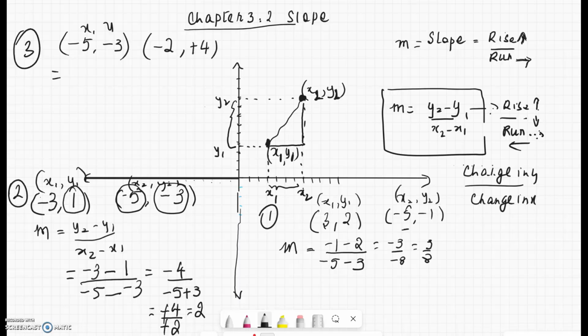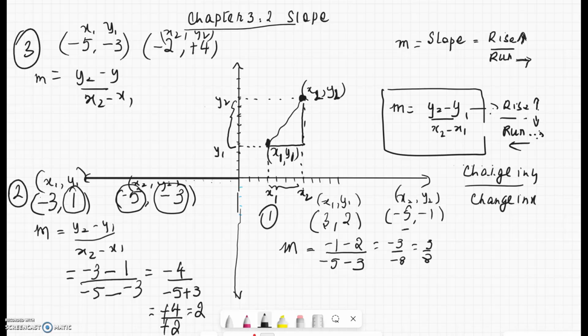So one of these is x1, y1. And the other one is x2, y2. It doesn't matter which one is which. Just be consistent. And this would be y2 minus y1, the slope, x2 minus x1.